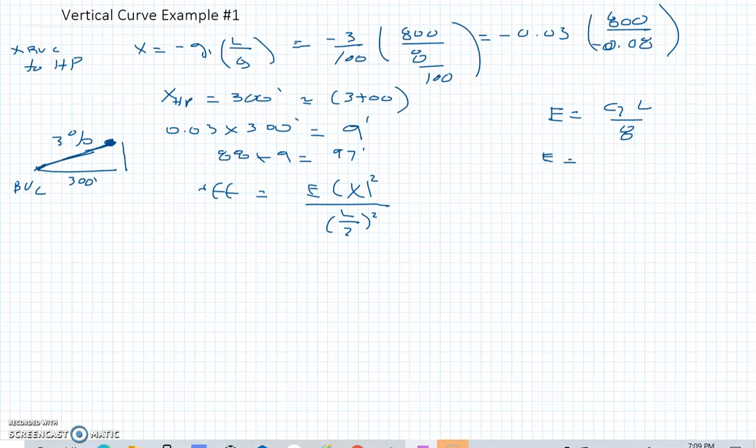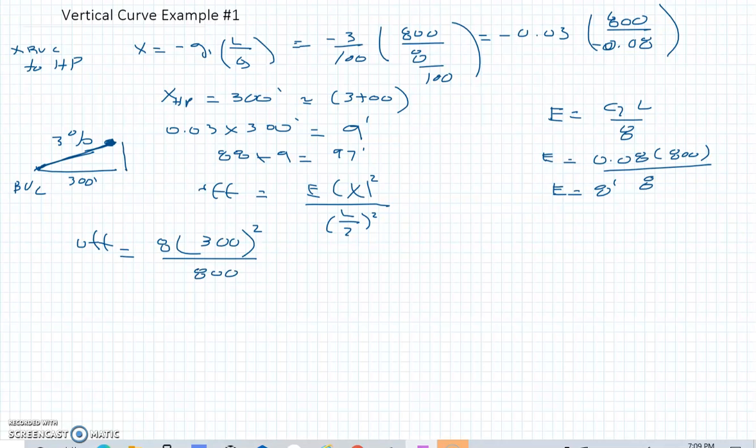So E will be 0.08 times 800 divided by 8, and my E will be 8 feet. And now my offset will be E, which is 8, times x, which is 300, squared, divided by 800, which is my length of the curve, divided by 2, squared.